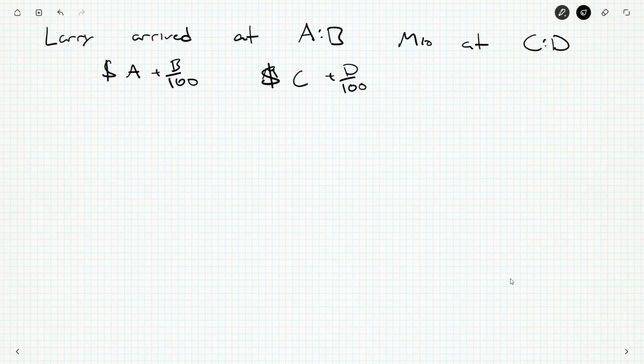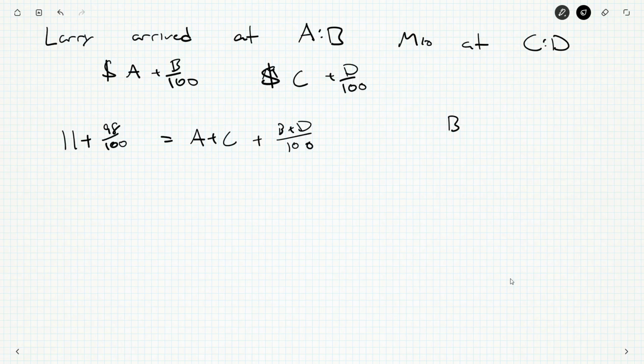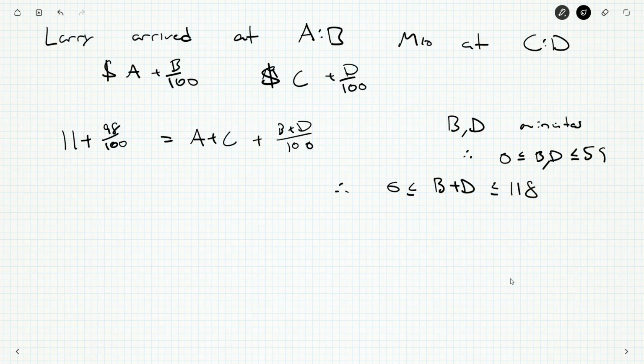Okay, so we know 11 plus 98 over 100 must be A plus C plus B plus D out of 100. Now, B and D are minutes. Therefore, 0 is less than B, D less than or equal to 59. So B plus D must be in this particular range.